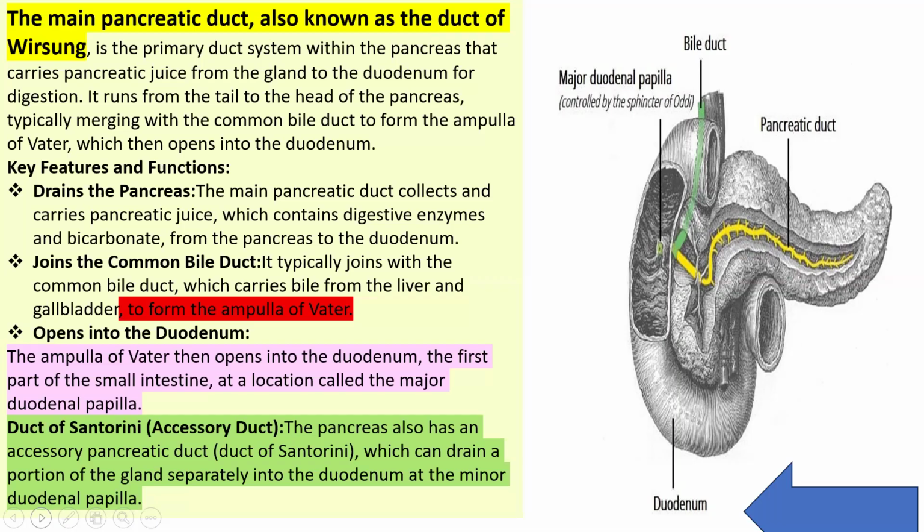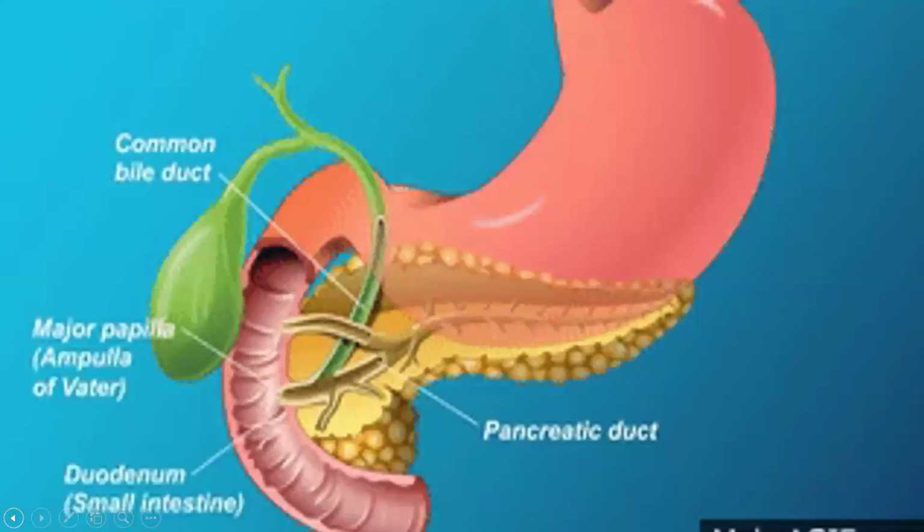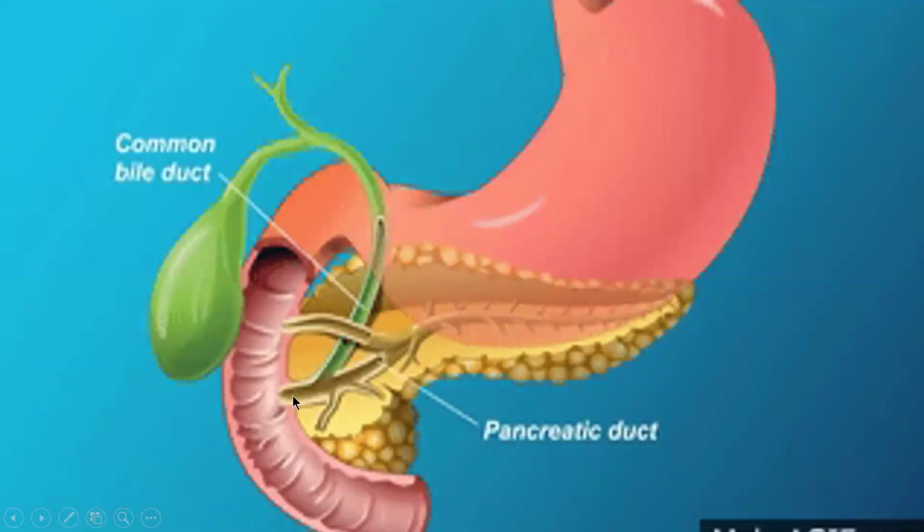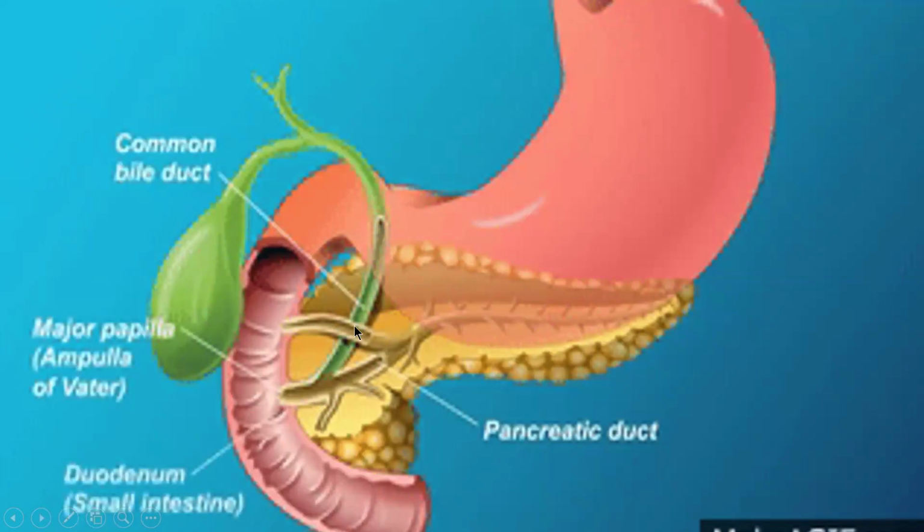So it helps in draining the pancreas, collecting and carrying pancreatic juice, digestive enzymes and bicarbonates from the pancreas to the duodenum. It typically joins the common bile duct, which carries bile from the liver and gallbladder, to form the ampulla of Vater.